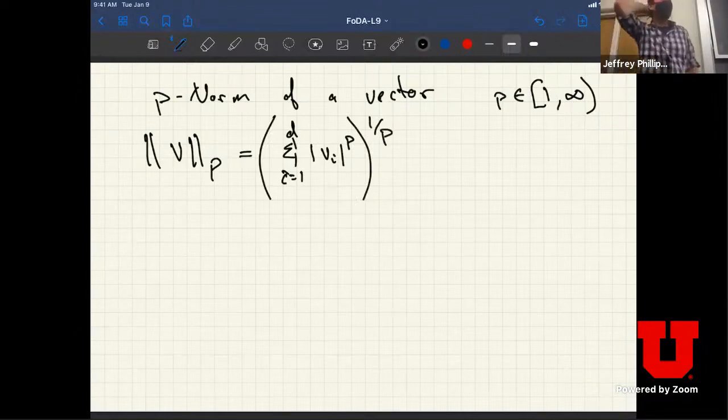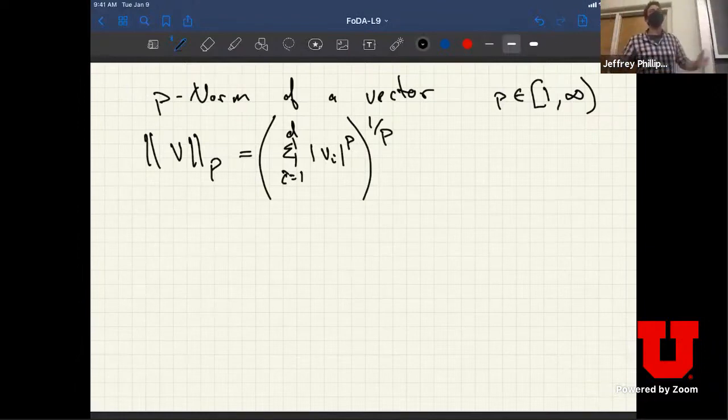If I replace P with 2 here, then I get back what we had before. The 1 over P, the pth root, is the square root. So this 1 over P is a 1/2, that's the square root, and to the pth power, that's the square power. I have these absolute values in here. I didn't need to write those when P was 2, because when I square something, it's always going to be positive.